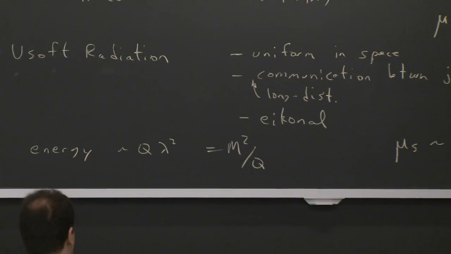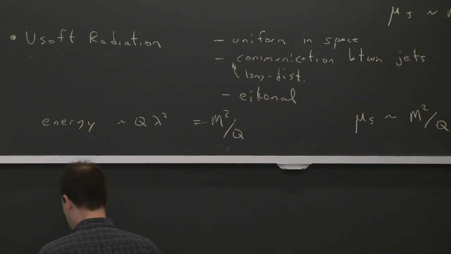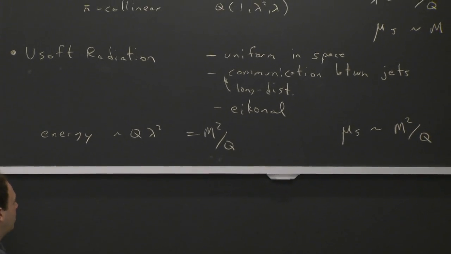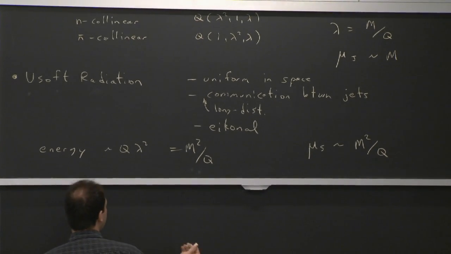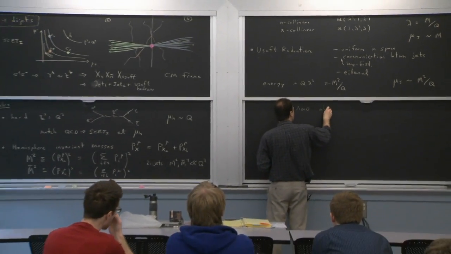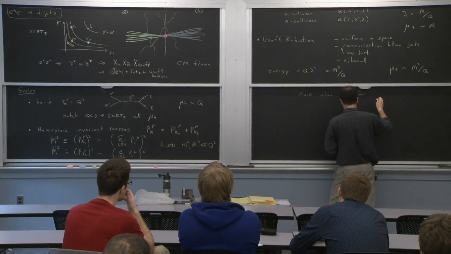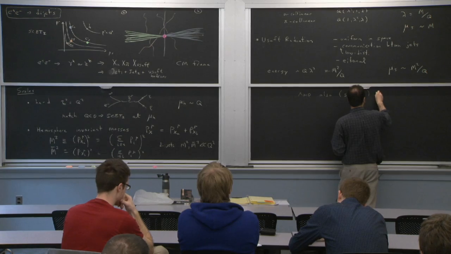Okay, so this radiation here is the largest scale that can show up in the soft function. And there's also lambda QCD. That's a scale that, at least to start, we're going to leave in the soft function.